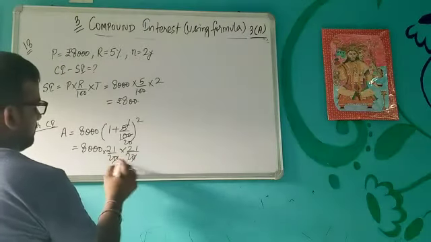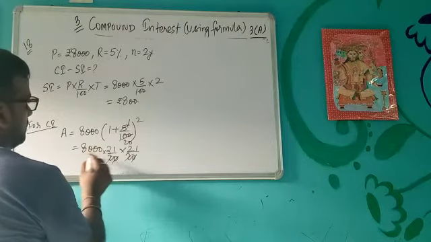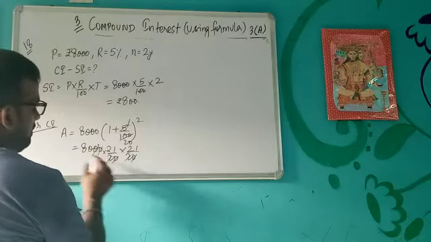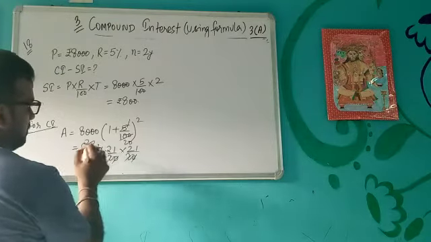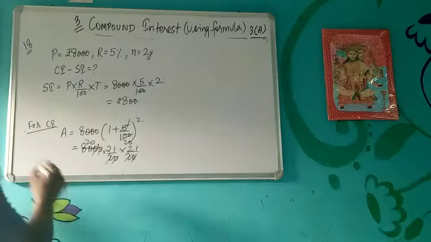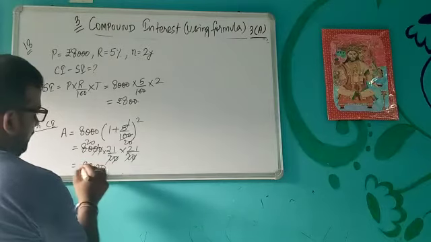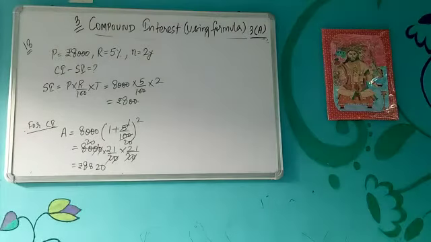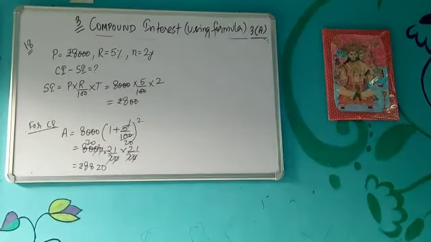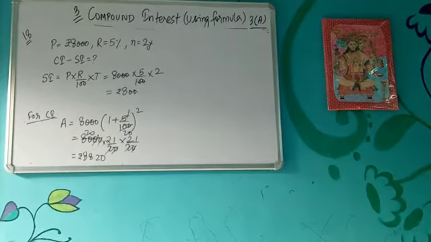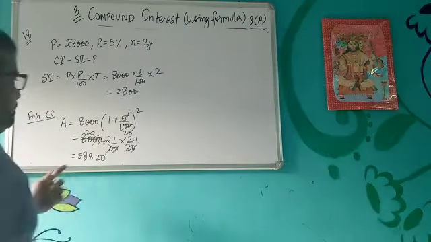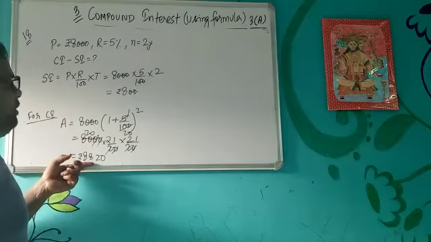So like this, 2 zeros cancel. So it is 8,820. Okay, so this is the amount that we have calculated.